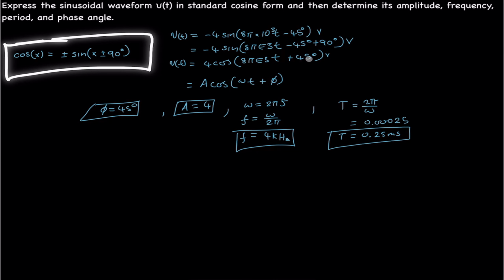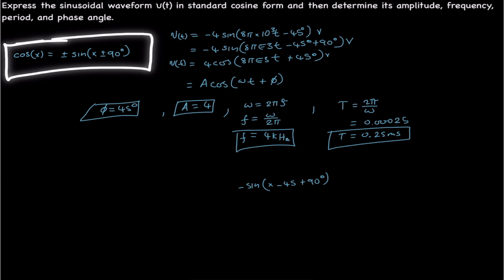So if we go around to Desmos again, we should get that negative sine x, in this case, we add 90 to it. So it was 45, we add 90.